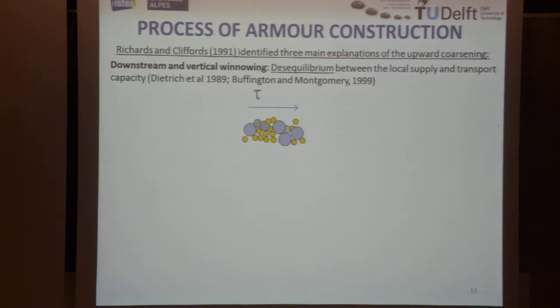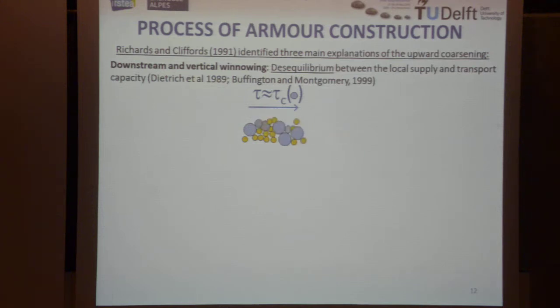The first one is downstream and vertical winnowing, which actually is an effect due to local disequilibrium between what is supplied by the stream and the transport capacity of the flow, leading to a transport of the material with a settling of the coarser ones at the threshold, at the shear stress which corresponds to the critical shear stress of this coarse material.